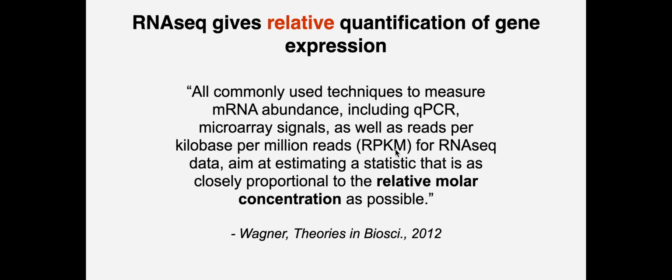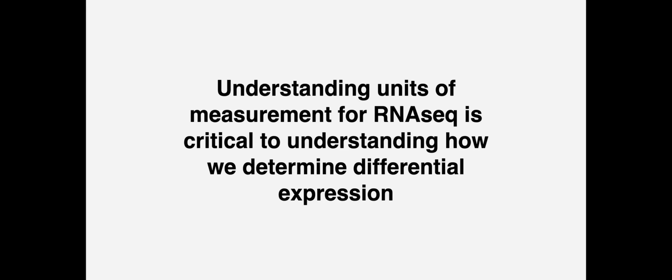And so that's how we're going to assess which of these units of expressing count data for RNA-seq is really the best: the one that does the best job of estimating the relative molar concentration for all the transcripts in the transcriptome.